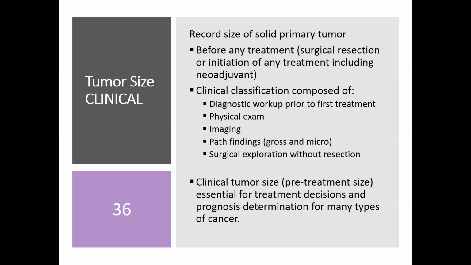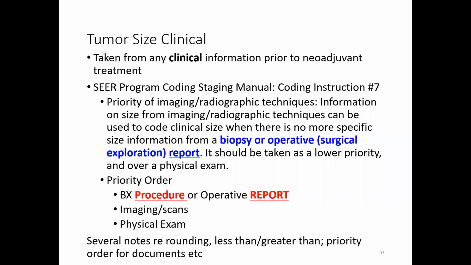The clinical tumor size or the pre-treatment size is essential for treatment decisions and prognosis determination for many types of cancer. The tumor size clinical is taken from any of that clinical information prior to neoadjuvant treatment.